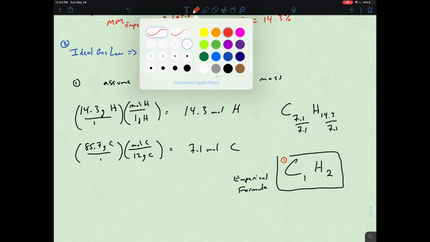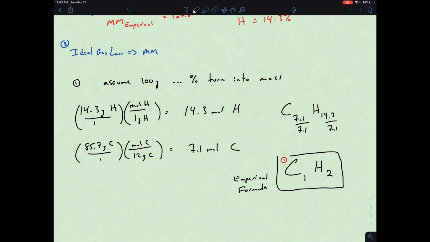And so that's what we're doing in step 1, getting at that empirical formula. Also, we have the molar mass of that as well, roughly 14 grams per mole.